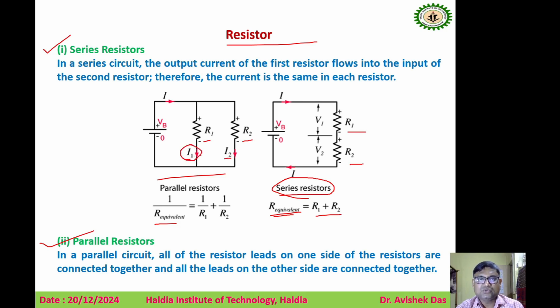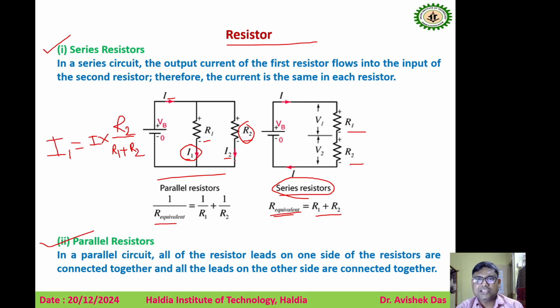I1 is equal to the total current, which is I, multiplied by the resistance of the other branch, which is R2, divided by the total resistance, which is R1 plus R2. So this is the current flow in the R1 resistance.